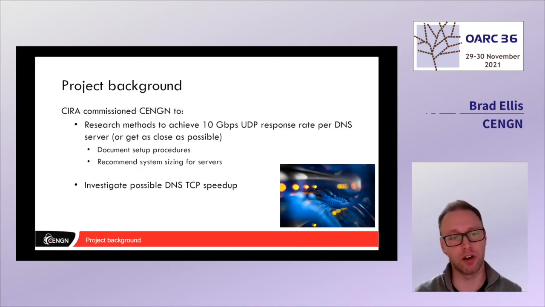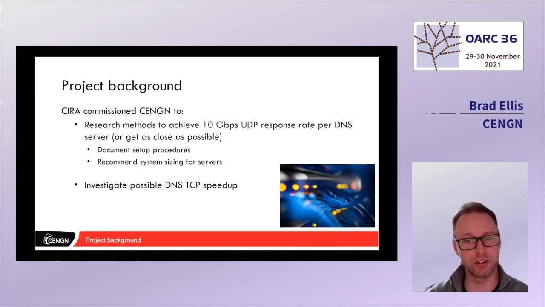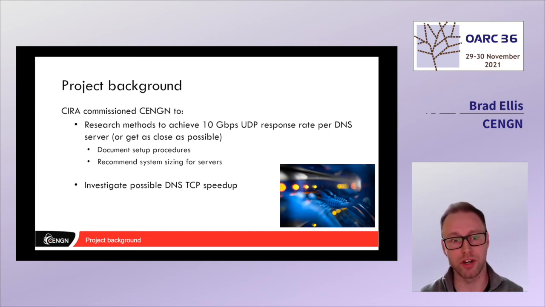So for a little background on this project, CIRA, the Canadian Internet Registration Authority, reached out to us to see if we could help them achieve their goal of 10 gigabits per second or line rate of UDP DNS responses, or get as close as possible.